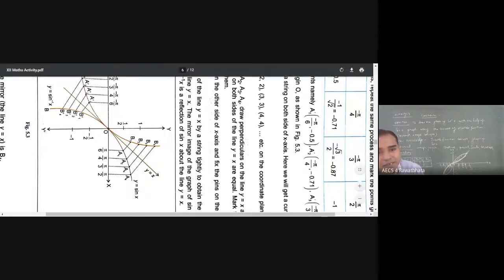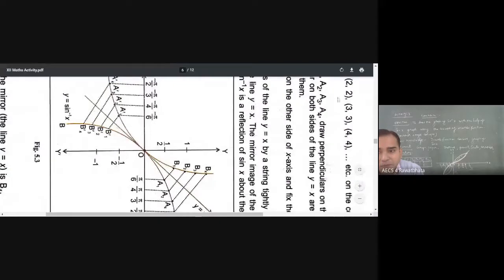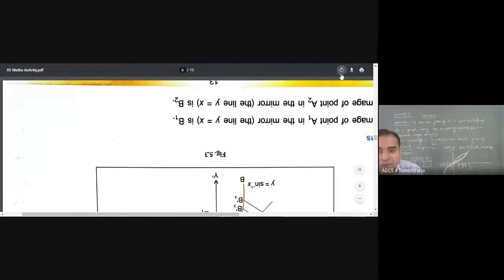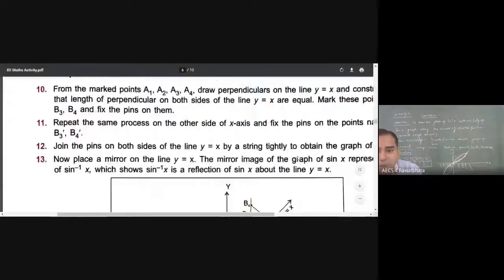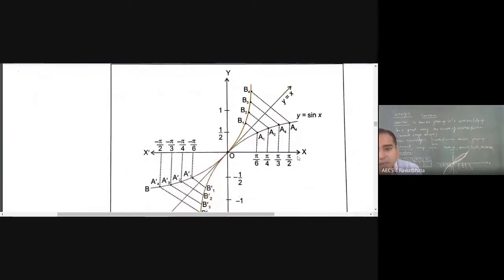Now you can see that this graph is appearing. Right? This is a bit rotated, but you can see that this graph, the figure that is shown here, yes, this is the graph of sine inverse x.